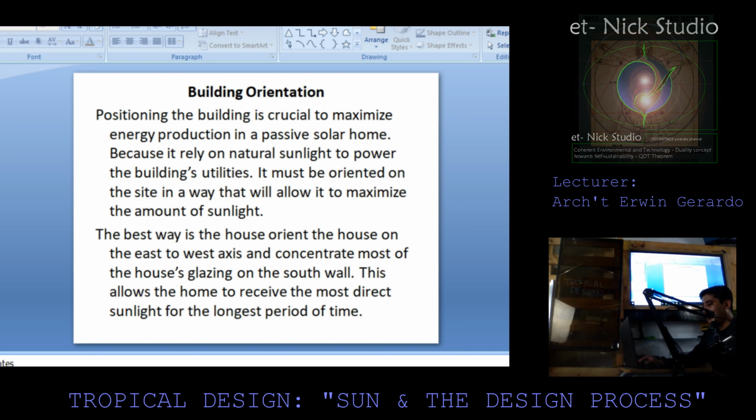The best way is to orient the house on an east to west axis and concentrate most of the house glazing on the south wall. This allows the home to receive the most direct sunlight for the longest period of time.